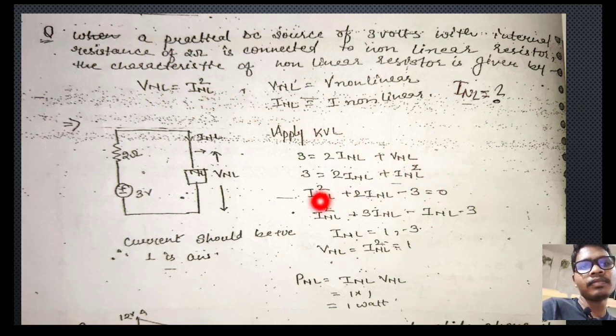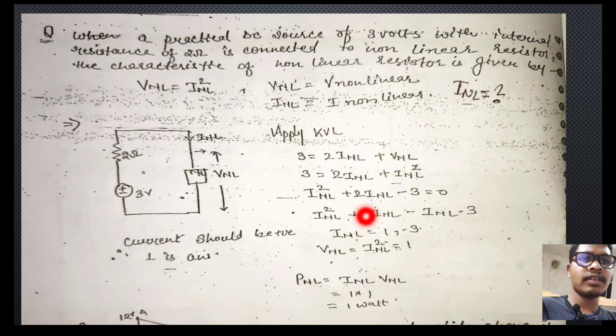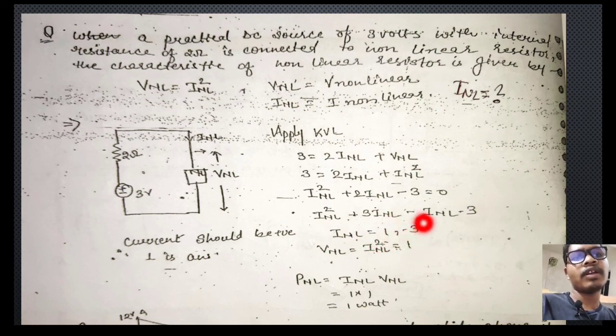So INL square plus 2 INL minus 3 equals 0. After calculating this equation we will get INL equal to 1 and minus 3, but here the current is not minus 3 in this direction, only in this direction, that's why we take the value 1 only, we are not taking the minus 3 value.